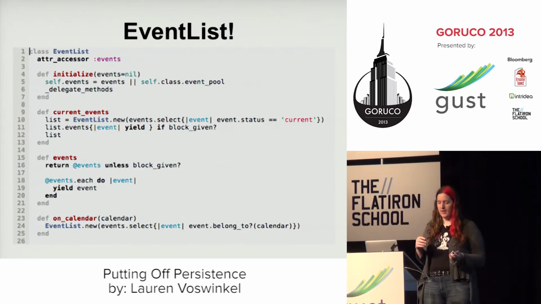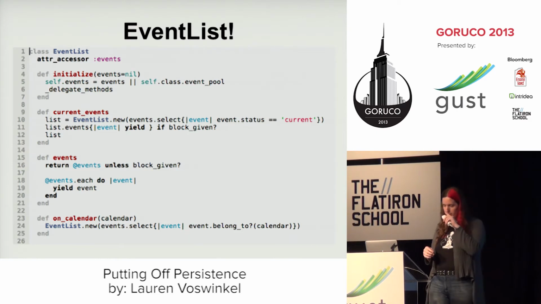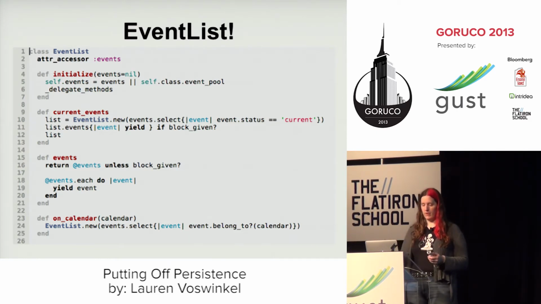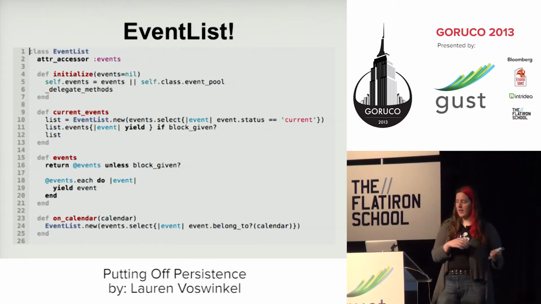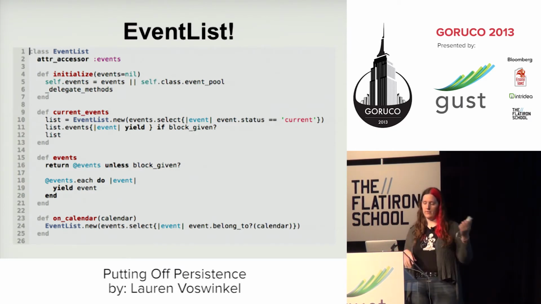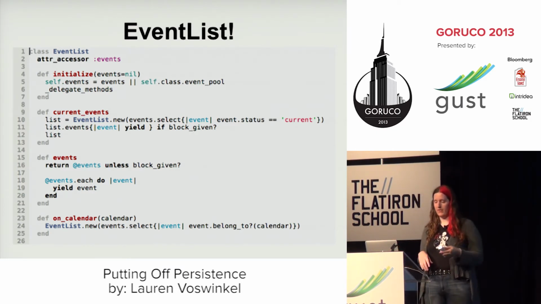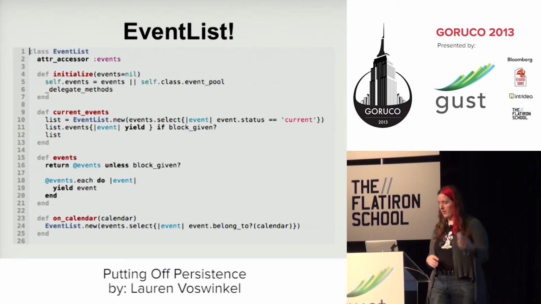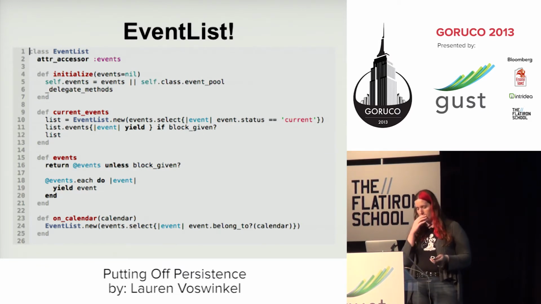What does everything else look like? Everything else looks pretty basic, with the current events doing the same thing where we're looking at events, which in this case is returning the array, and then selecting based on the status or based on the calendar.